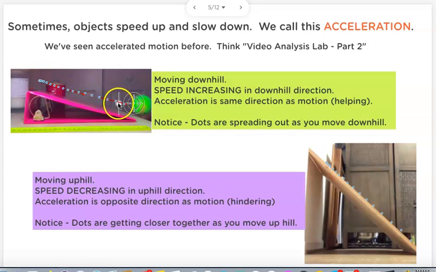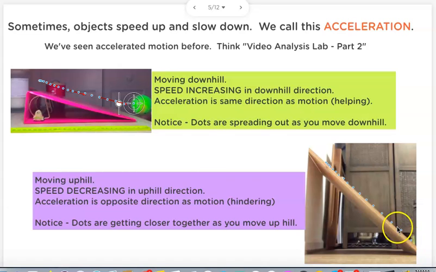Because the spacing is getting further and further apart, that means that this object's speed is increasing as it moves downhill. The object is accelerating since the speed is changing. The acceleration here is in the same direction as the motion because it is helping the object get faster and faster.